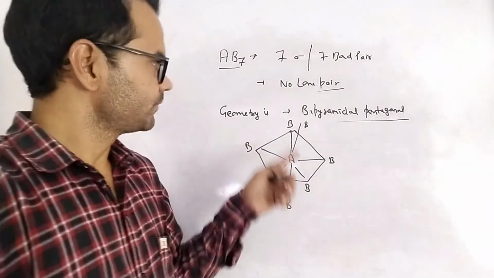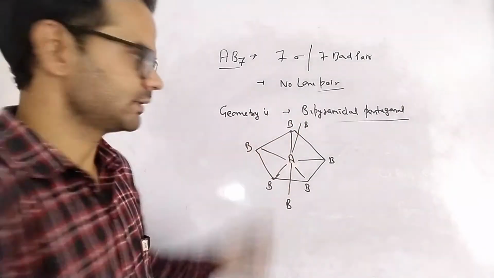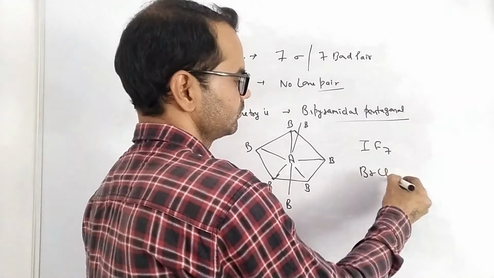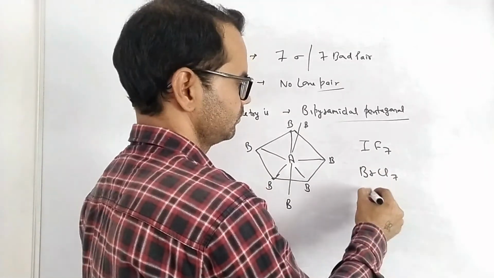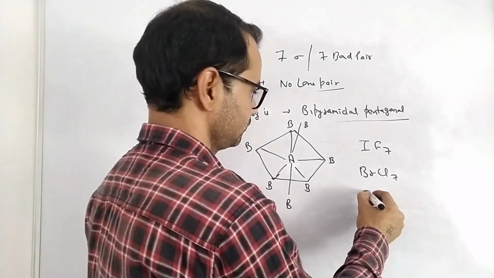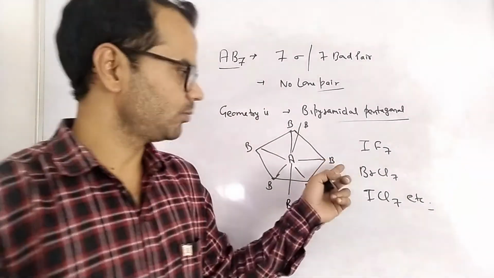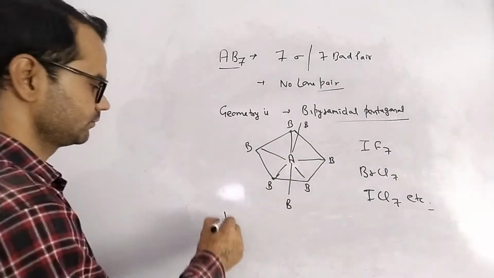This is AB7, 7 sigma bonds are formed in pyramidal pentagonal. Examples are IF7, BrCl7, ICl7.